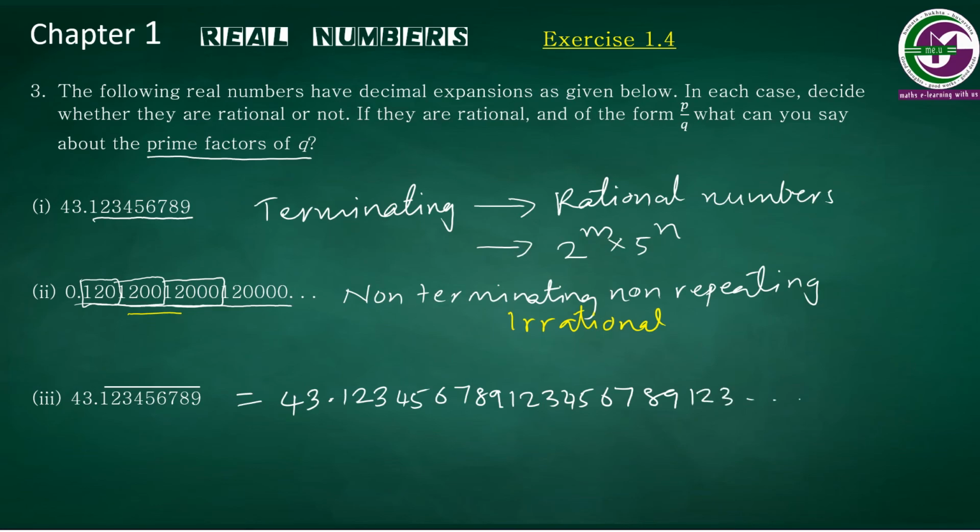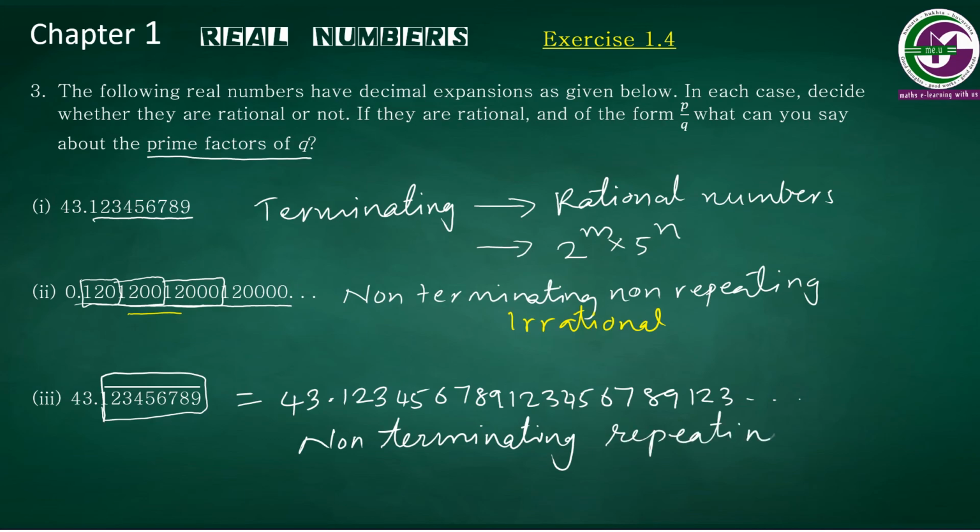That means the bar is on top of these digits, so it is non-terminating but repeating a block. You can see that this block is repeated. So it is non-terminating repeating. What about the non-terminating repeating decimal expansion? It is rational.